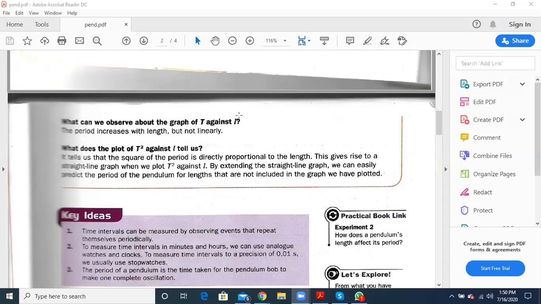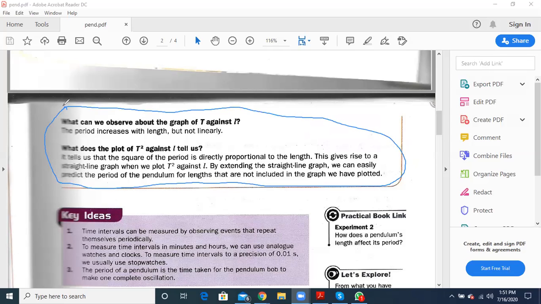Falia, can you read the last two observations of the pendulum experiment? What can we observe about the graph of T against L? The period increases with length, but not linearly. So what does it mean basically?